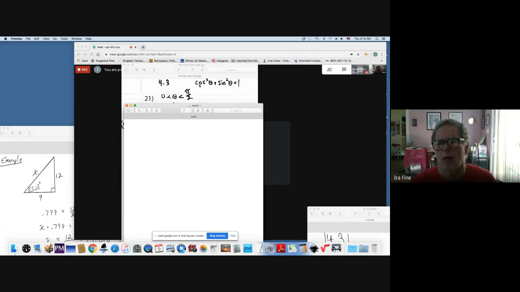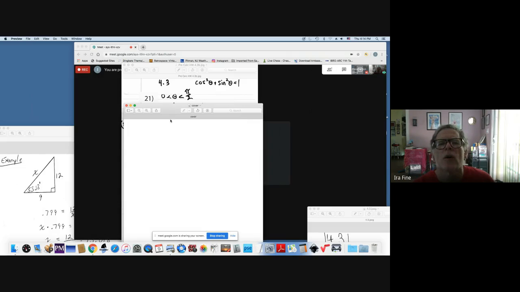But x is the cosine of the angle, so for any angle in the unit circle, cosine squared theta, which means cosine theta times cosine theta, plus sine squared, sine theta times sine theta. But remember, sine of theta is y, so it's like saying the x squared plus y squared of the triangle is always going to equal 1. And remember, that's just the Pythagorean theorem in disguise, for any angle.